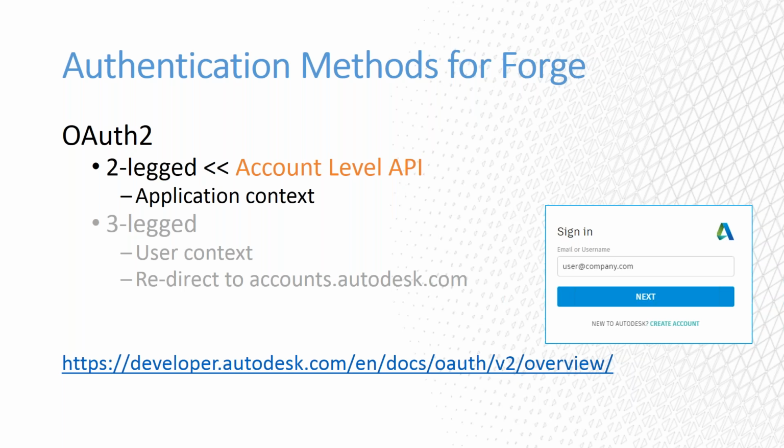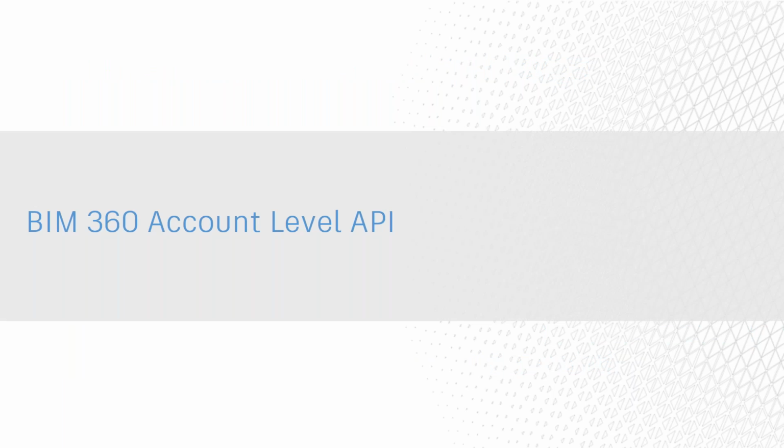And 3-legged is for user context, and it redirects to the account.autodesk.com login page. For these account level APIs, you use only 2-legged. 3-legged is not provided. So be aware, you may get a little bit confused depending on which API you are using.